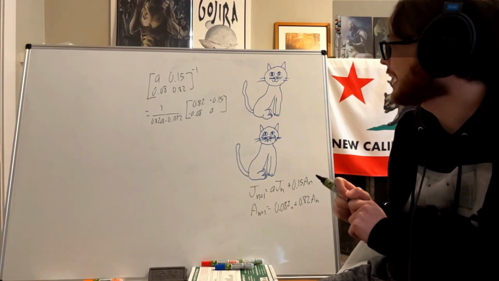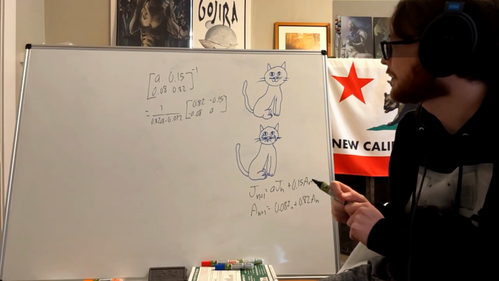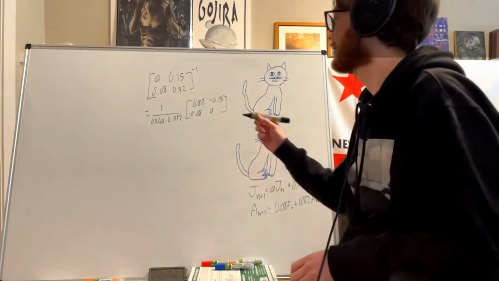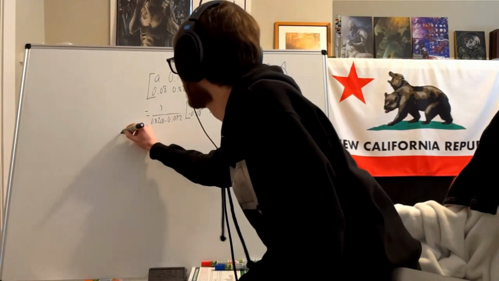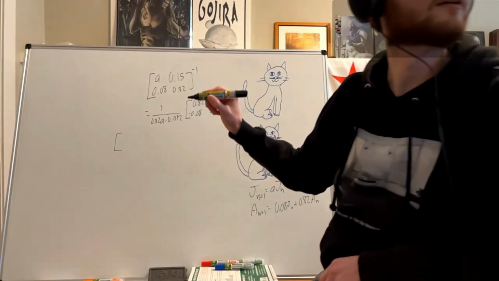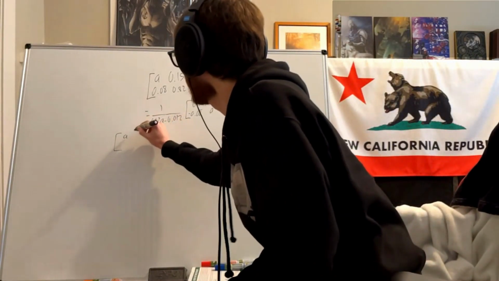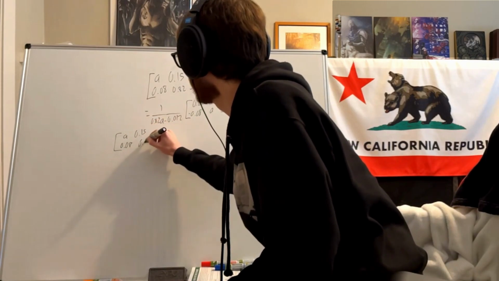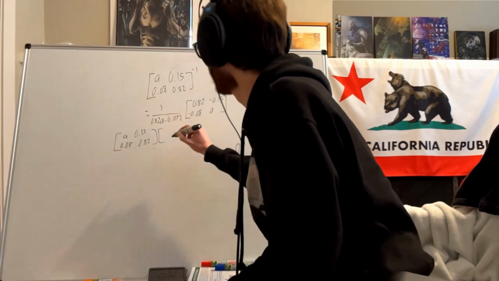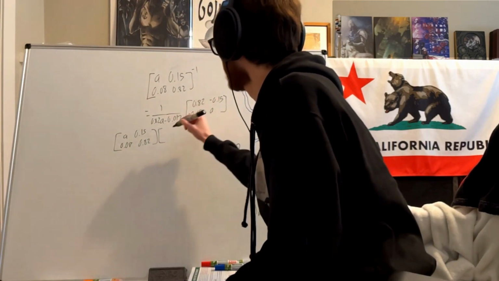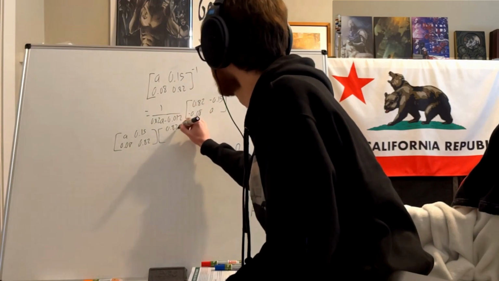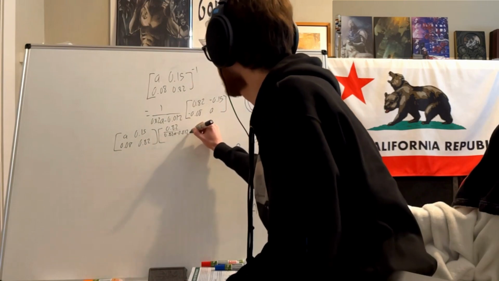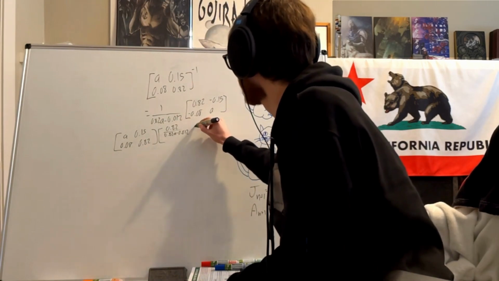We can find the value of a by multiplying the original matrix and its inverse and setting it equal to the identity, can't we? Okay. I think that's how we're supposed to do this part. So we have a, 0.15, 0.08, 0.82 times, I guess I do need to bring in the determinant. How annoying is that? We can make this easier on ourselves though.